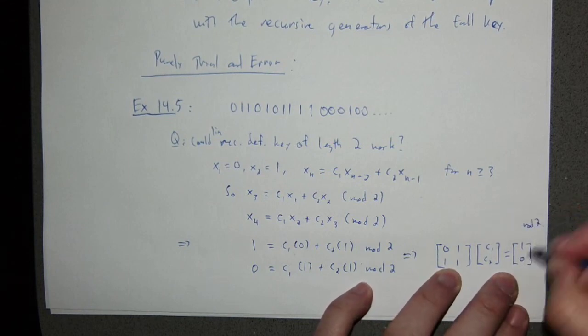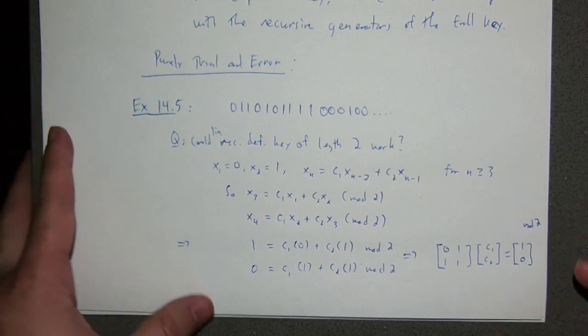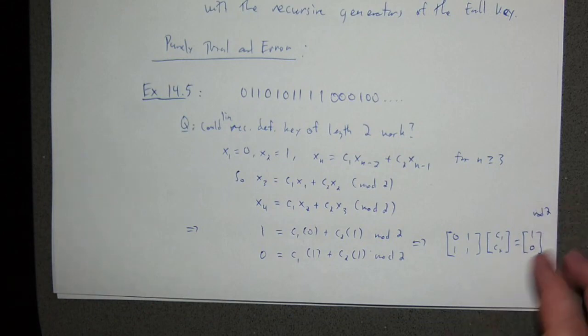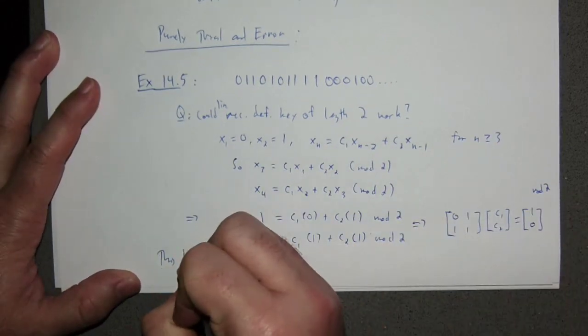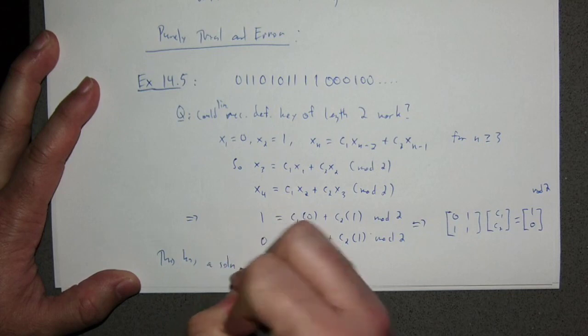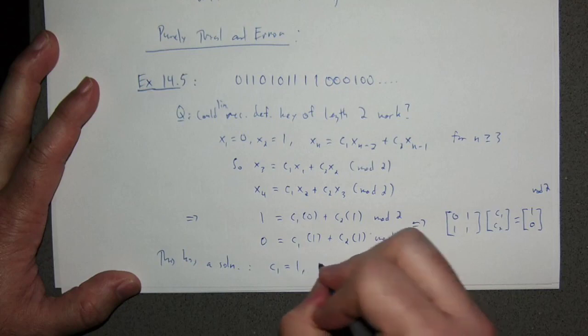So that's a matrix equation I get. So this matrix equation has a solution. The solution is C sub 1 is equal to 1 and C sub 2 is equal to 1.